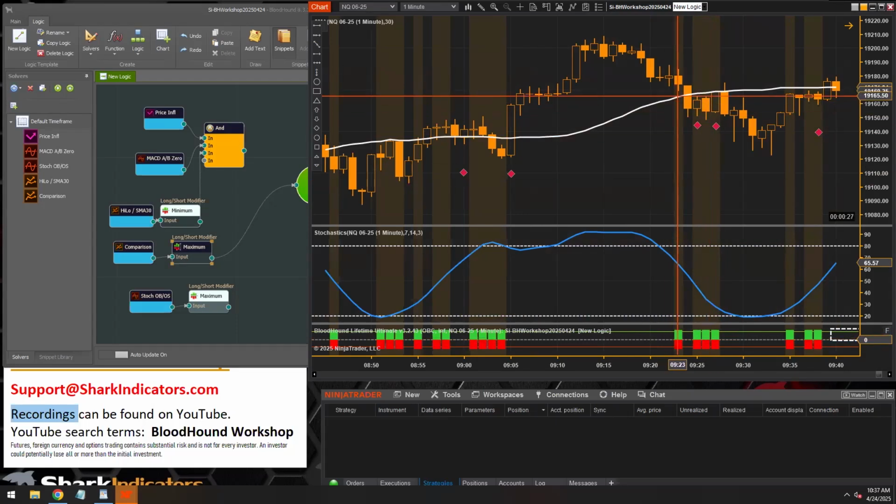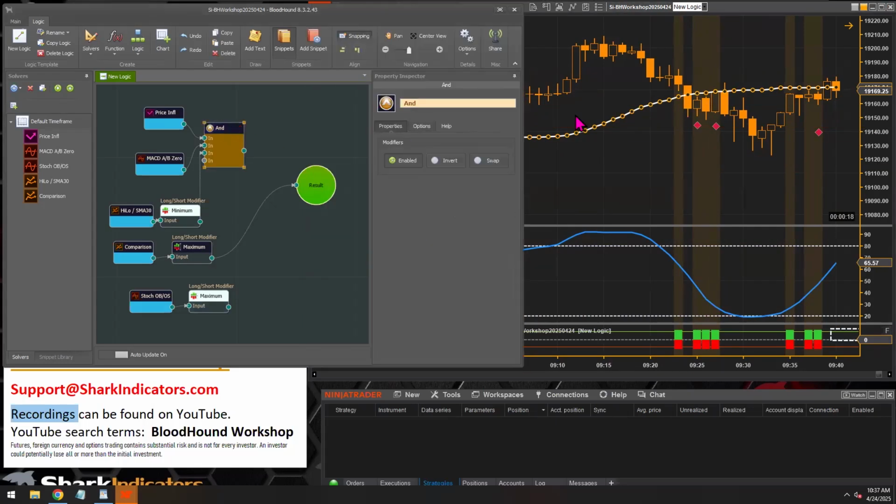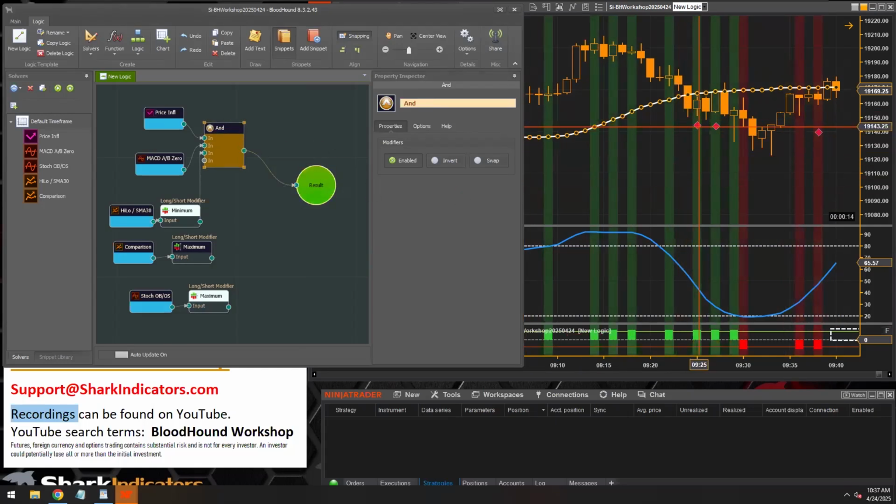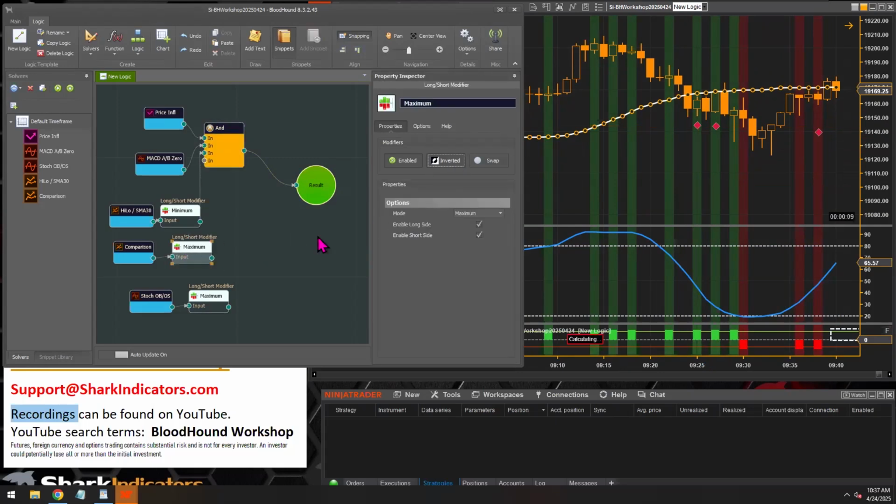So that is the condition where the bar is near our SMA, but again, we need to invert that to exclude those bars from having a signal. So if we want to exclude those signals there, we need to take this and invert it like it was before.